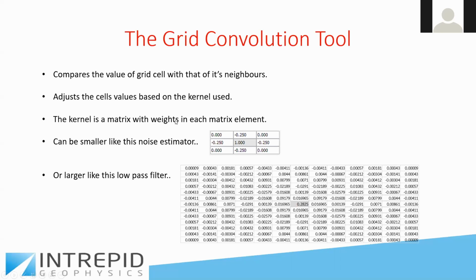So you can think of the kernel as basically a matrix with weights in each of the matrix elements. For this noise estimator, for example, you have the center cell of 1, leaving the currently interrogated cell as its original value, and reducing each of the cells immediately up and down and left and right by a multiple of -0.250.